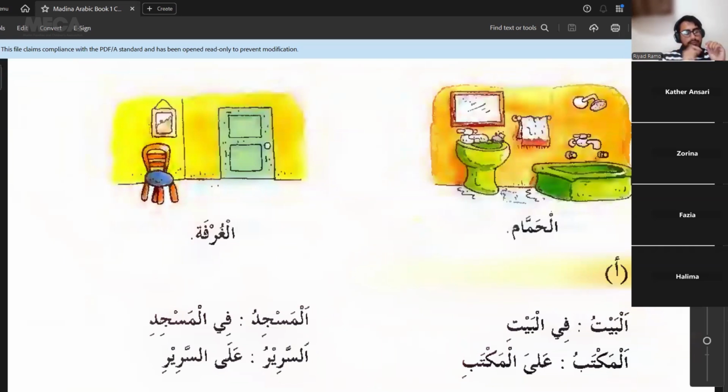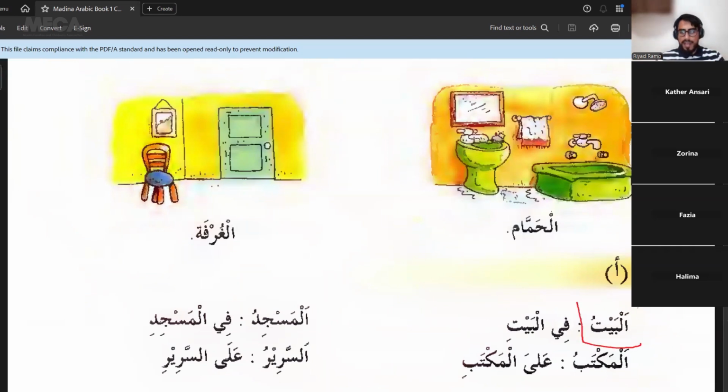Whenever we add a preposition in front of a word, the ending vowel is always going to change. This preposition is changing the vowels. I always hear sometimes there's confusion. We must never have this mistake. No more. Okay? So let's look together.